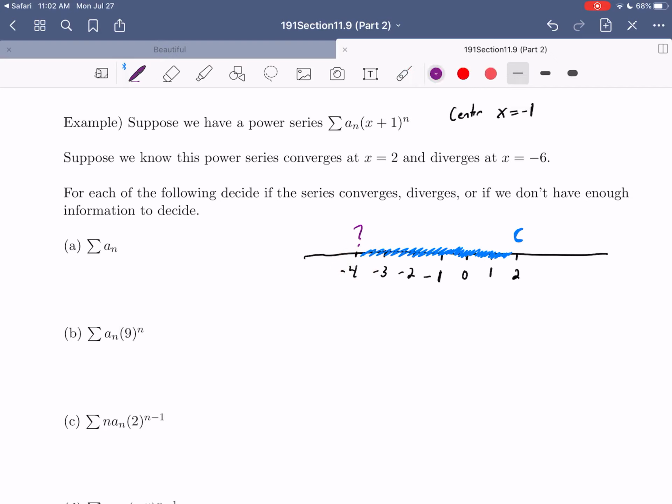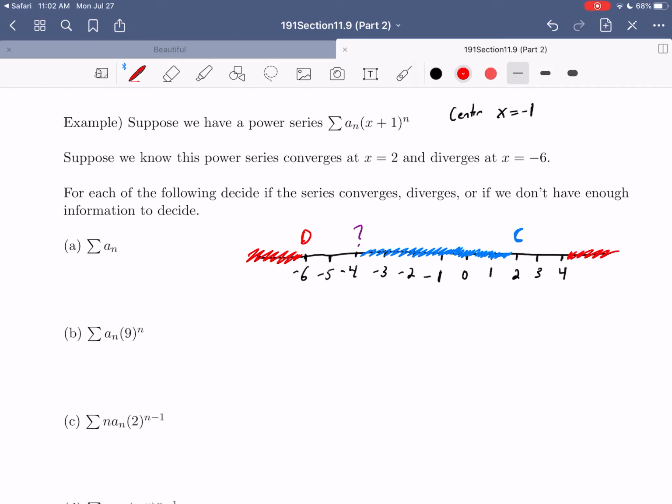Okay, let's continue on and get our other piece of information, which is that it diverges at x equals -6. So there's -5, there's -6, and we know that it diverges here. And then, of course, once it starts to diverge, it's going to diverge for anything further out. Notice that was another 1, 2 units, so we can also label here, there's 3, there's 4.